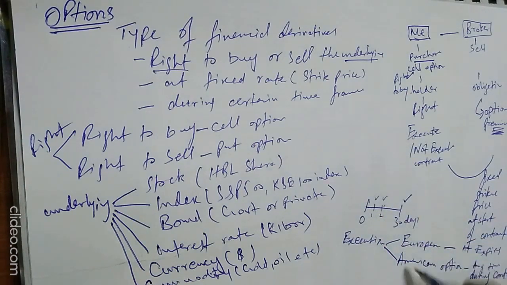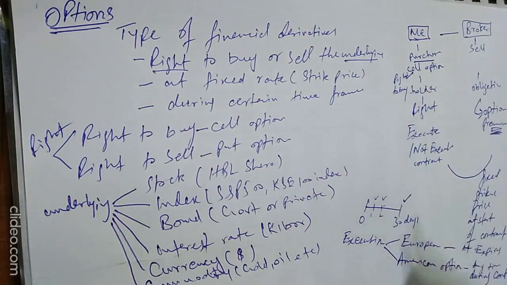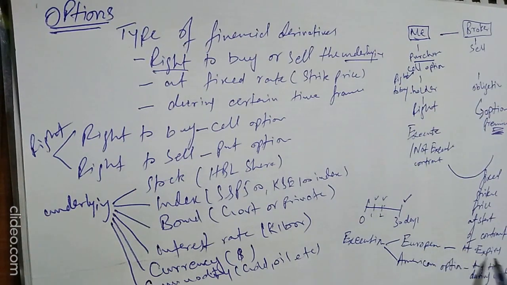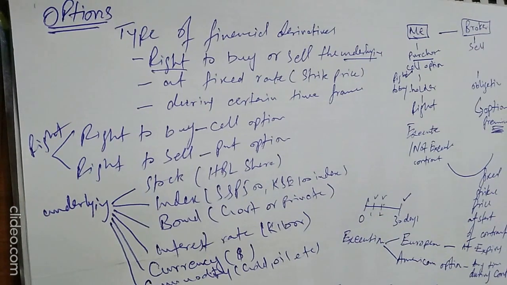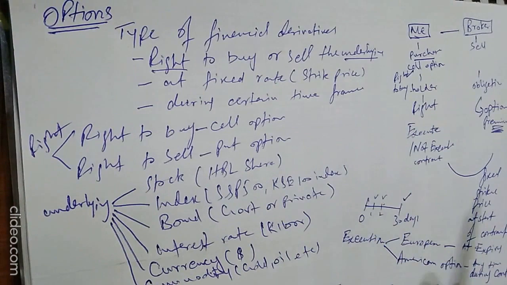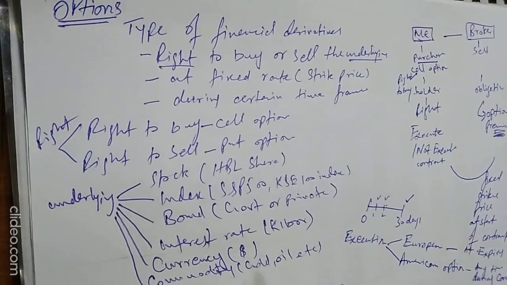So American options provide flexibility to the option holders. Definitely the premium of the American option should be higher as compared to the European option, because in a European option there is only one day to exercise the right, but in American options you have the right during the whole time frame of the contract. So this is a little bit of introduction to the option contracts. Now I move towards an example of the option contracts.